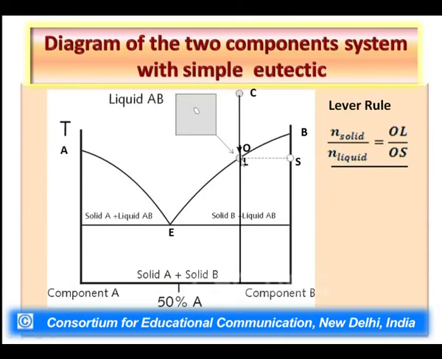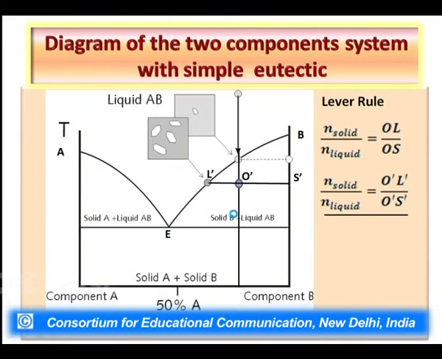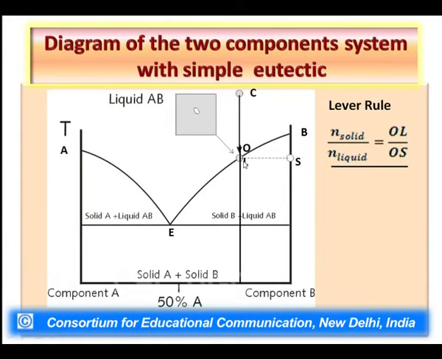So, it means this point L represents the composition of the liquid phase. Now, since the first crystal of substance B has already appeared, what would be the amount fraction of substance B in that solid phase?